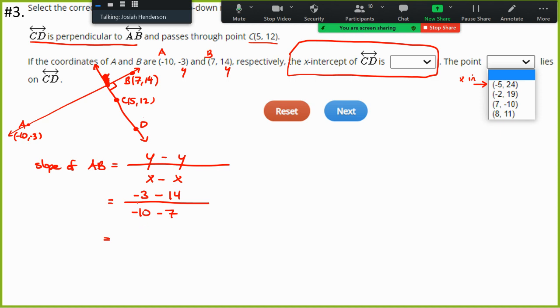Okay, this time all four numbers are negative or being minused. So negative 3, negative 14, those are going to stack up to negative 17. And so will the bottom. Negative 10, negative 7 is also negative 17. So lucky us, this slope is 1.